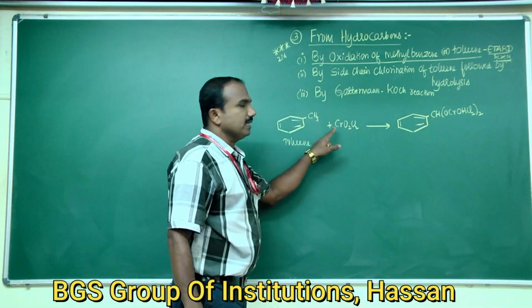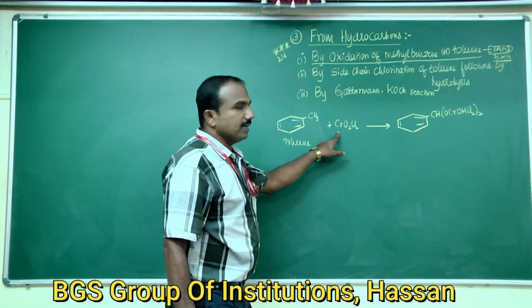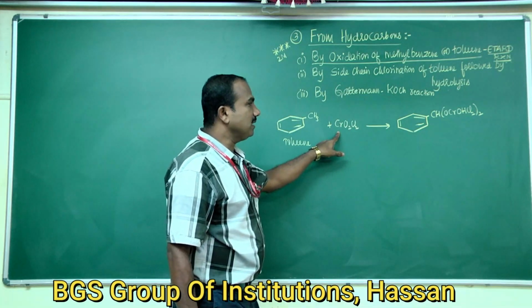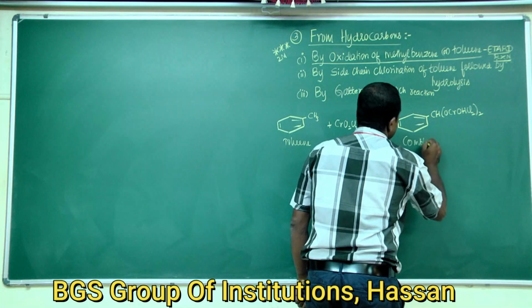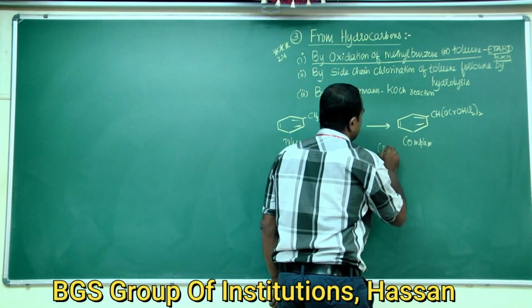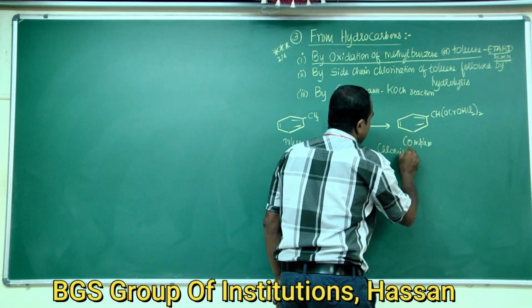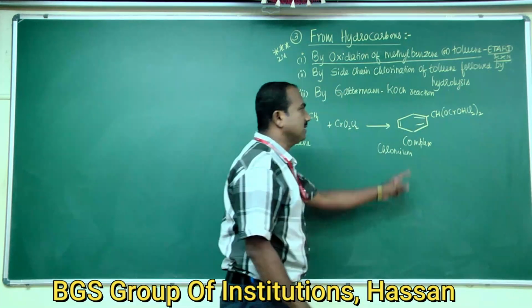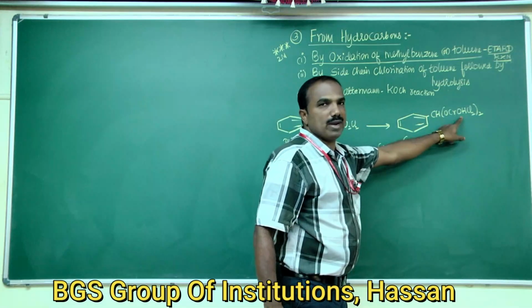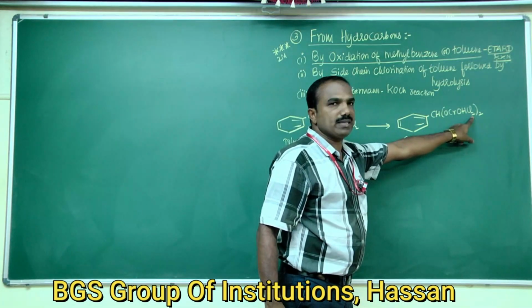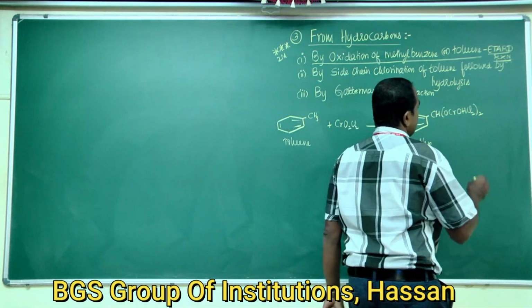When toluene is treated with chromyl chloride, we get a chromium complex. The complex is a benzene ring connected to CH, O, Cr, OH, Cl2 twice.